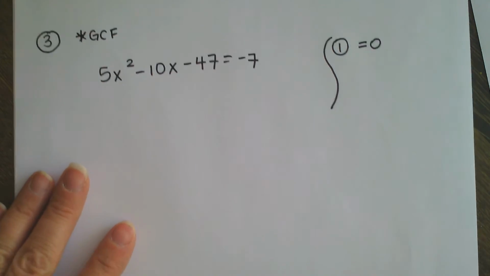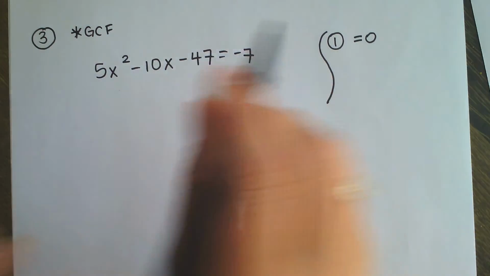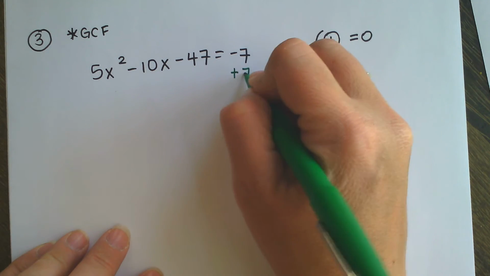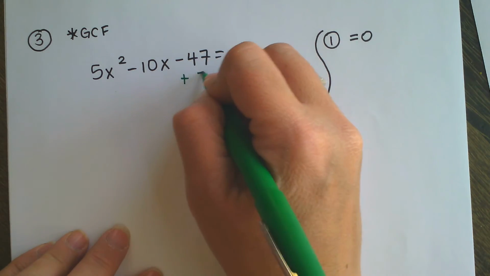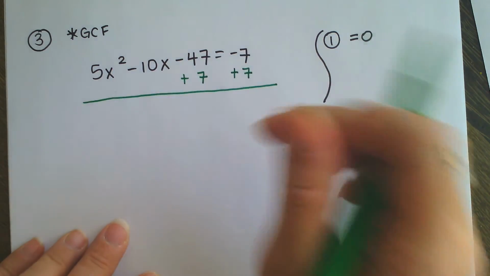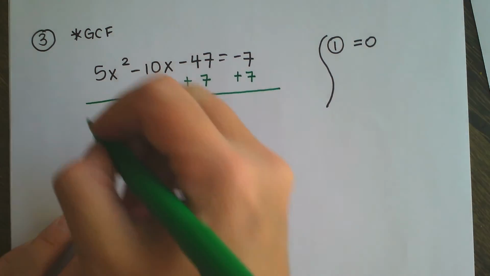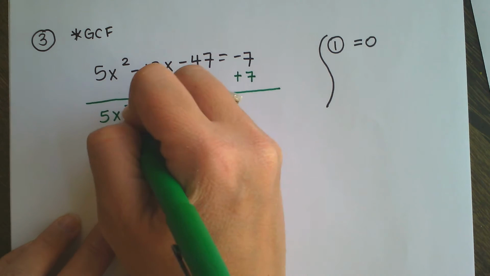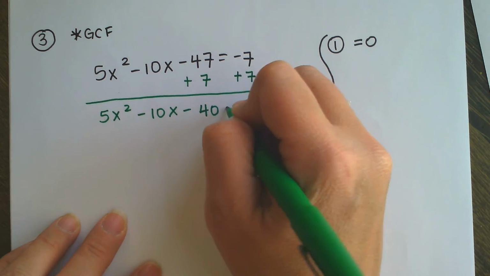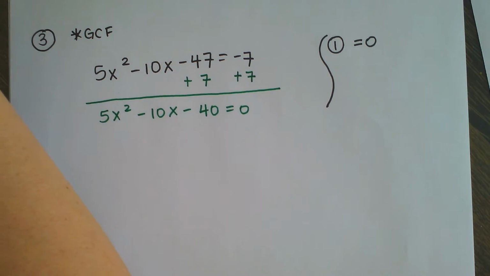All right, so in the first step, we have to make sure that the equation is set equal to 0. So I'm going to add 7 to both sides, making sure I'm lining it up with its like terms. So I've got 5x squared minus 10x minus 40 equals 0.